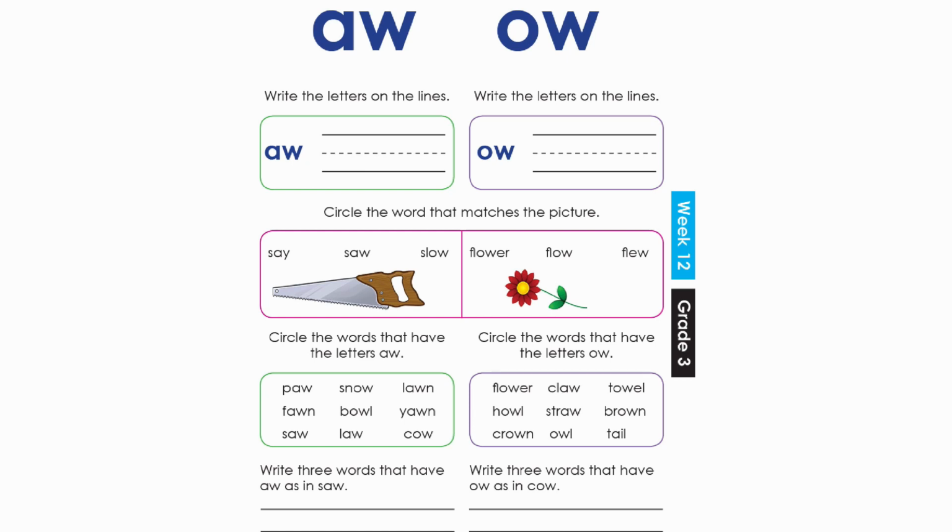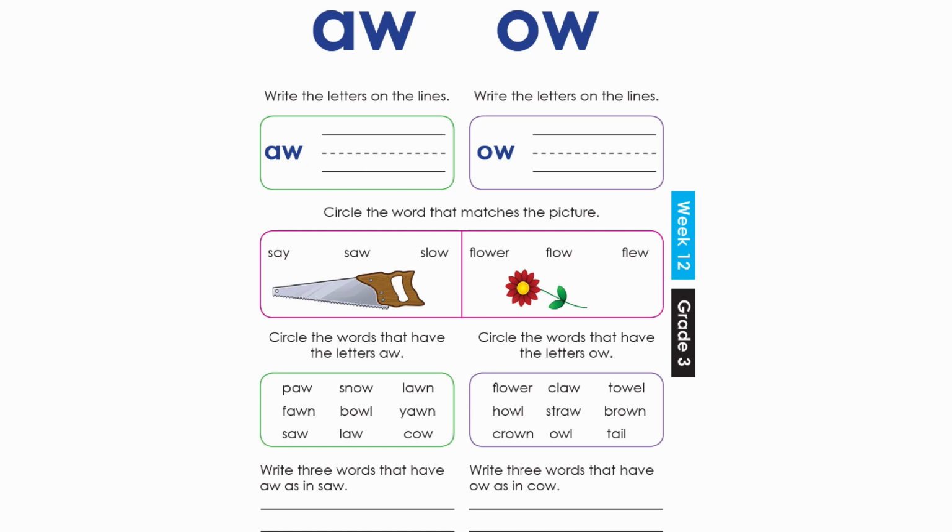We have the words that have aw in them in the second box. You can see that it's asking you to circle the word that matches the picture. So you are going to look for the word that has aw in it. Then after that, you're going to circle the word that has the letters and the sound aw.